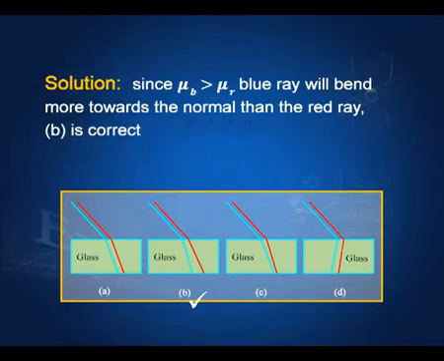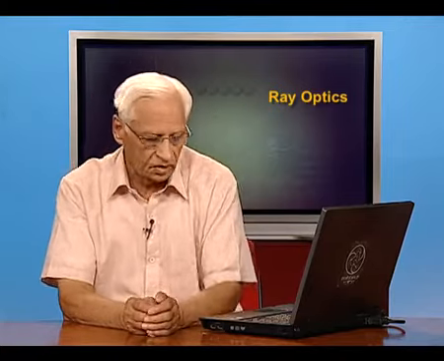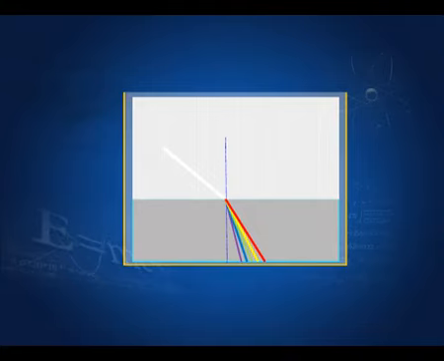So, if you have 2 rays coming like this, 2 different colors, then the red color will refract less and the blue color will bend more. I have shown clearly here. White light enters this slab and you can see the colors separate, and the red is the least refracted and violet is the maximum refracted.